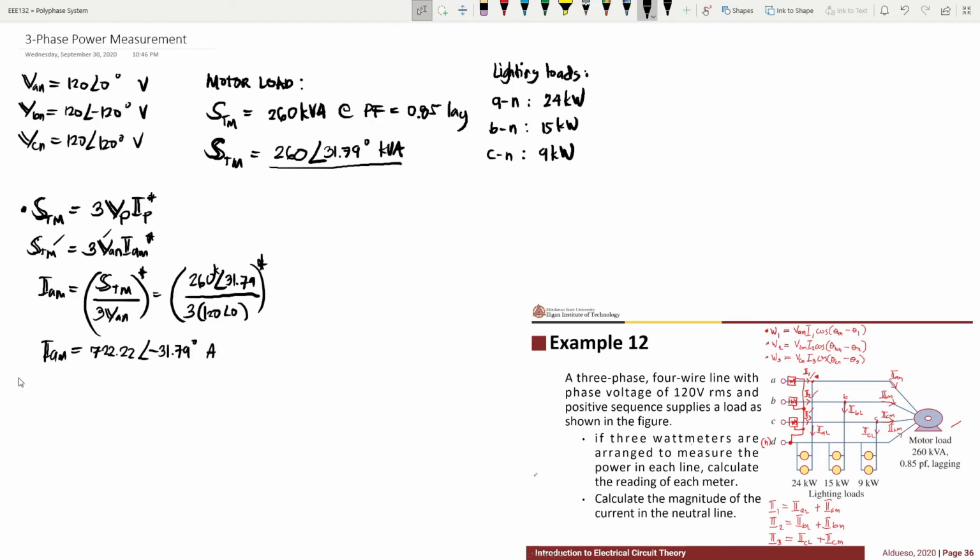We have the value of IAM, and now we can get the values of IBM and ICM, with their respective angles, and ICM is equivalent to 100 point something as well.